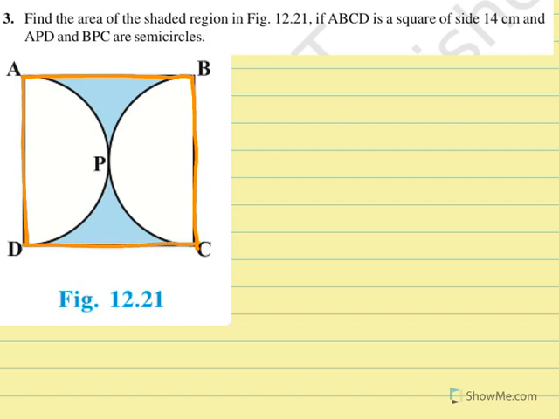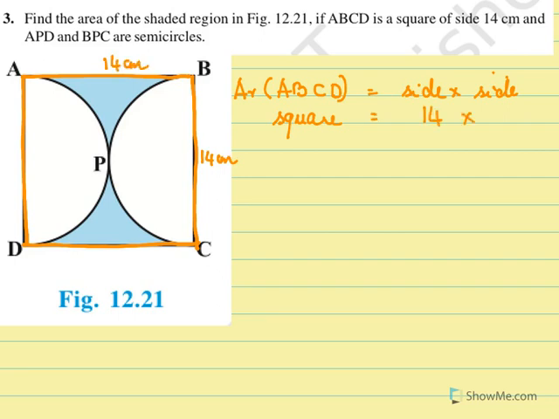Area of ABCD, which is a square, and you know the formula is side into side, and the side here is 14 centimeters. All sides are equal, so 14 into 14 will be the area of the square, which is 196 centimeter square.